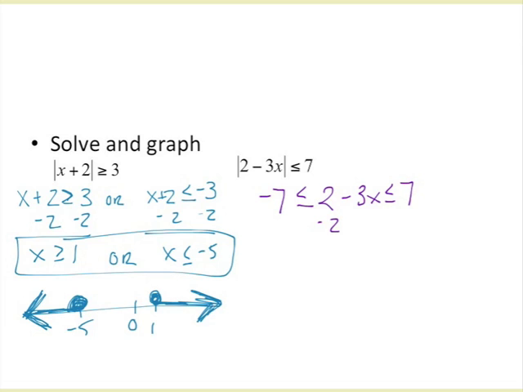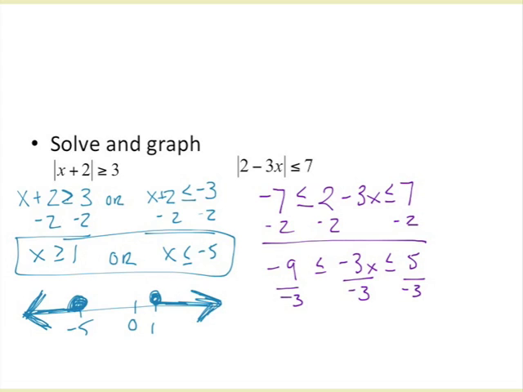To solve, I'm going to subtract 2 from all 3 parts when you have an and inequality. Whatever you do to one part, do to all parts. And then I need to divide by -3 to all 3 parts. And this is where I need to be careful.